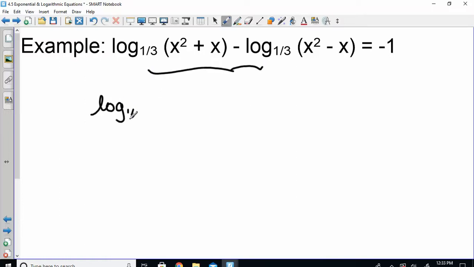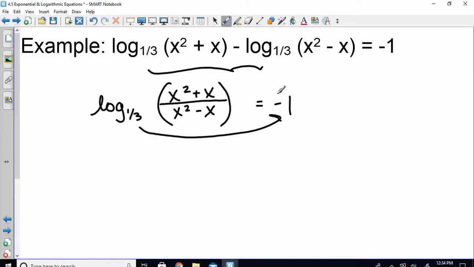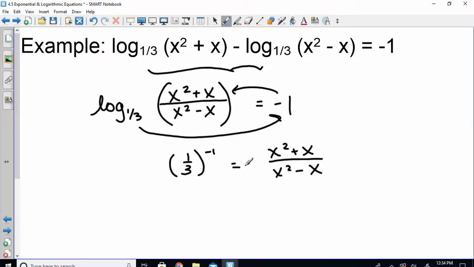So it's log base 1/3 of x squared plus x over x squared minus x equals negative 1. Then we can't multiply it yet because it's the log of that whole thing. It's inside my log. Exponential. 1/3 to the negative 1 equals x squared plus x over x squared minus x.